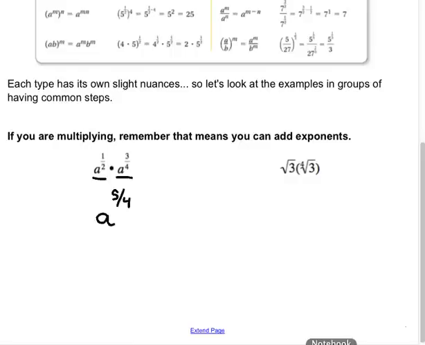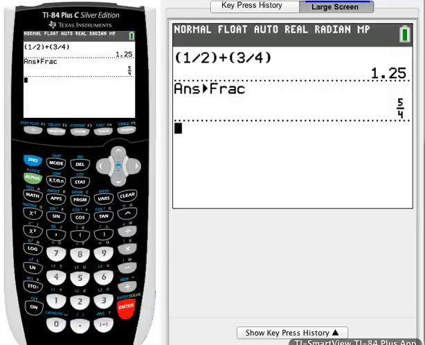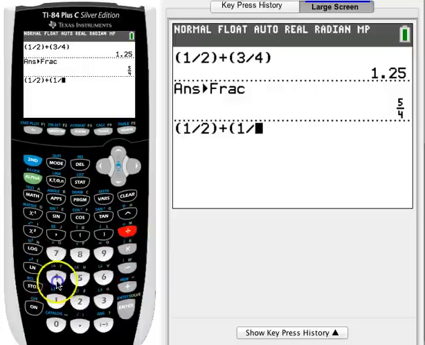For the next one, recall you don't want radicals. So here, I want to write this as 3 to the 1/2 times 3 to the 1/4. Use the skill I taught you yesterday to rewrite it with fractions. Now you can use your calculator to help you: 1/2 plus 1/4.